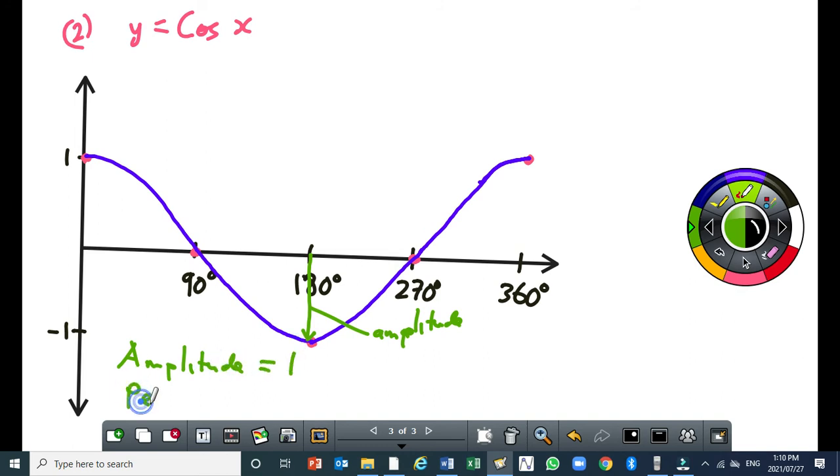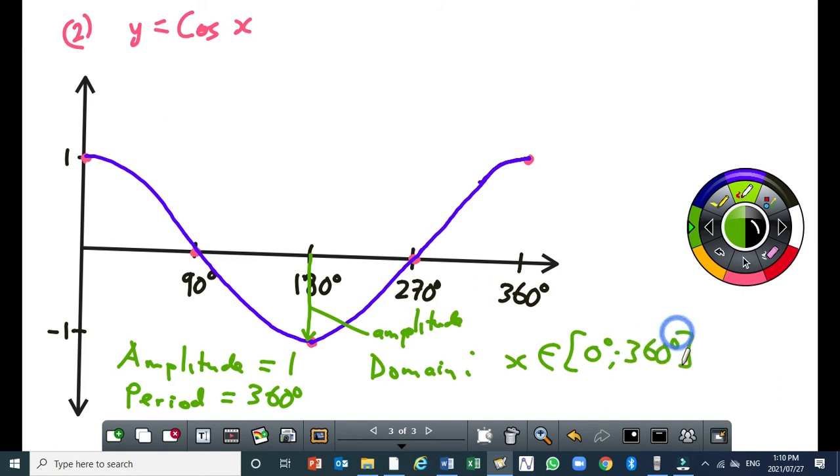The period is 360 degrees. The domain is the same as the one for sine. The range is the same as the one for sine. Remember, when you're writing range and domain, you start with the minimum. So you're supposed to know that.